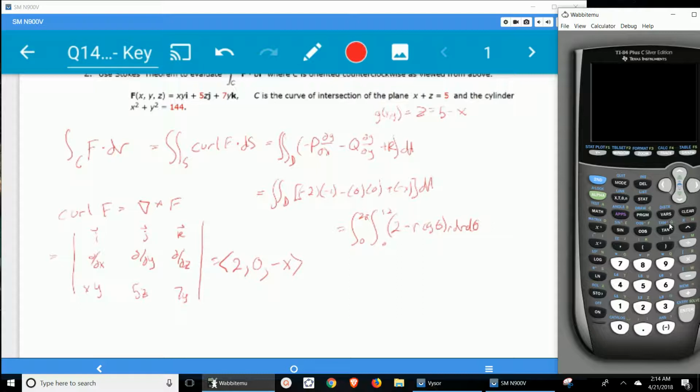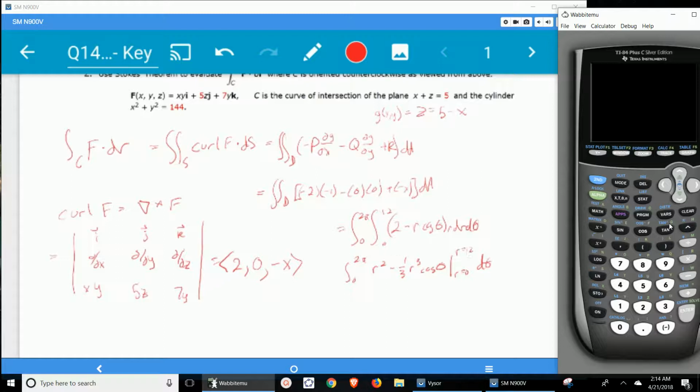Okay. So 2r would become just r squared, and then minus r squared cosine theta would become minus a third r cubed cosine theta, evaluated from r is 0 to r is 12 d theta.